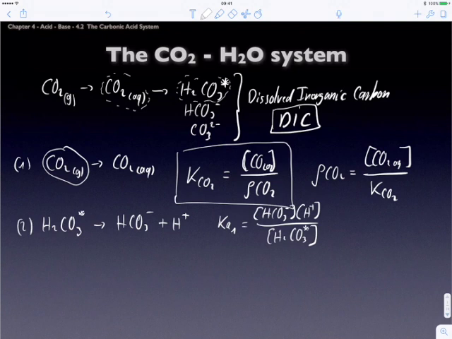Here you can rearrange that by dividing by H+, so we have Ka1 divided by H+ equal to the concentration of bicarbonate ion divided by the carbonic acid.